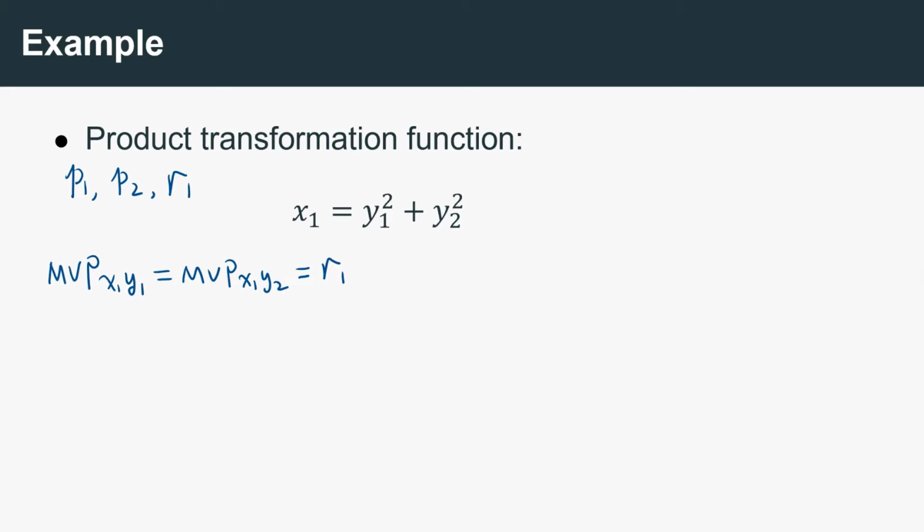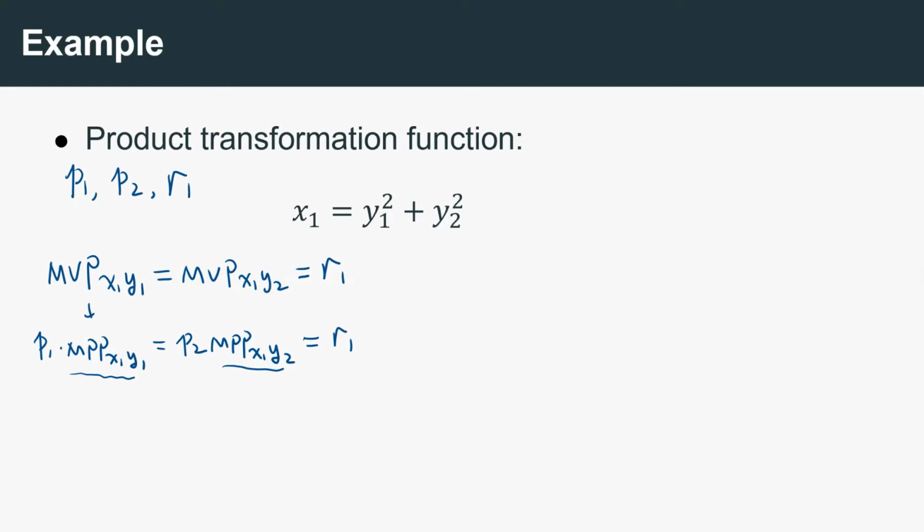Here, this is P1 times MPP X1, Y1 equals P2 times MPP X1, Y2, and this equals R1, right? We have already derived what MPP X1, Y1 and MPP X1, Y2 are, so I'm not going to repeat them here.